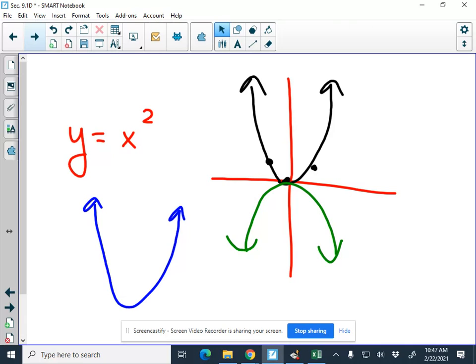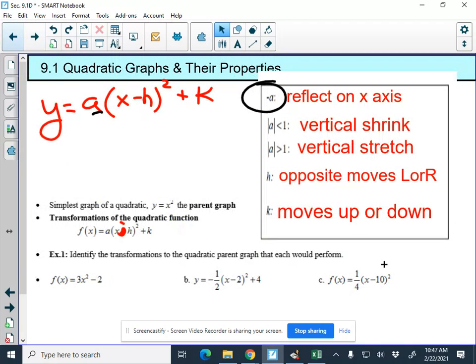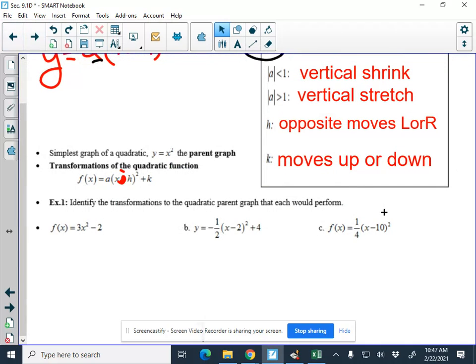It reflects it. Down below we have 3 examples, A, B, and C. This one doesn't have an a, so we're going to put an a on it. Which ones, A, B, and C, do you see a negative out in front that means it would flip it upside down? Which one? A, B, or C? B. Okay?